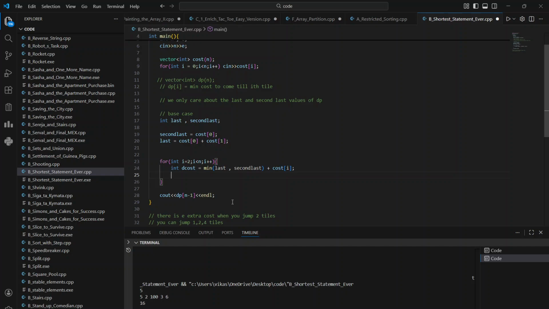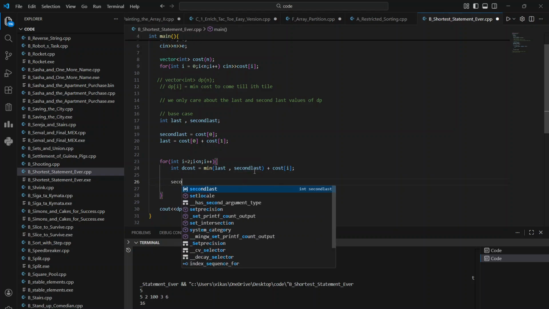That's it. Now the last in this case will become the second last. The second last will become the third last, but there is no third last, so we will just delete this value.